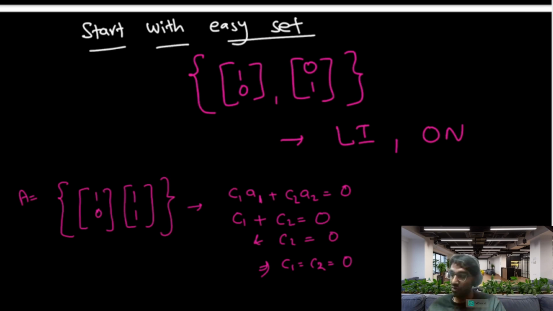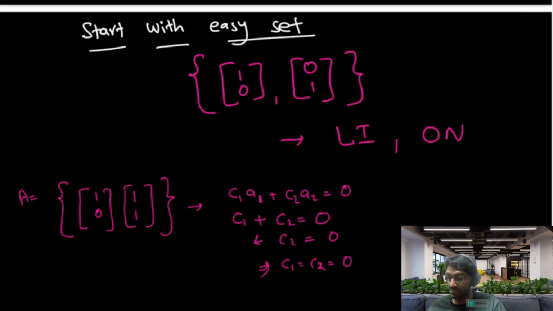And if you take the dot product of the vectors with themselves, we get the result as one. Now we will change one element of the second vector. The first vector is the same as in the standard basis, and the second vector we change from 0, 1 to 1, 1. Now let's check whether it is linearly independent.